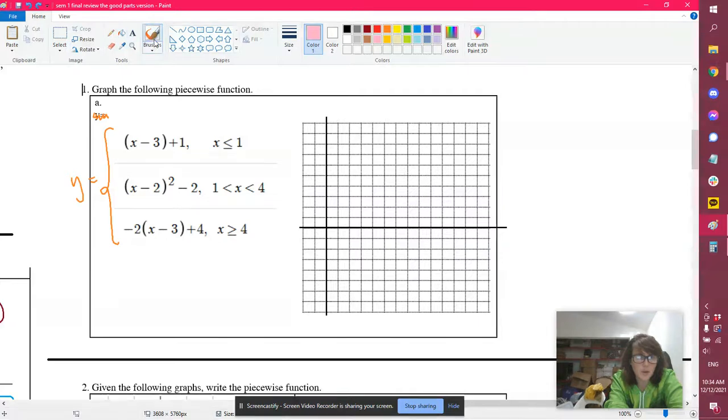Okay, so I'm going to write in 1, 2, 3, 4, 5, right? 1, 2, 3, 4, 10. 1, 2, 3, 4, 5. I like to label mine by 5, so I kind of know what's going on, but it's not all junked up. Great.